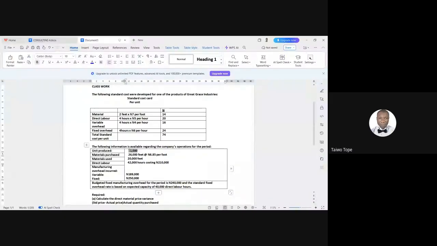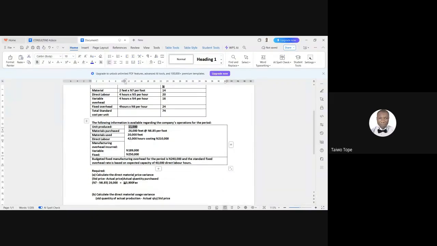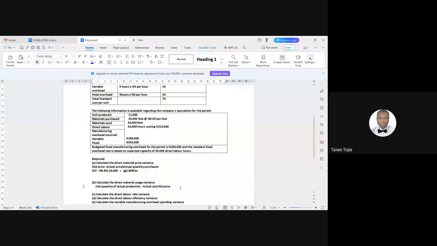This is your actual. So standard quantity of actual production will now be 2 multiplied by 11,000, which is 22,000. Your actual quantity is what? Actual quantity is 20,000.